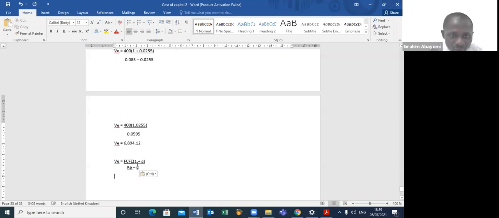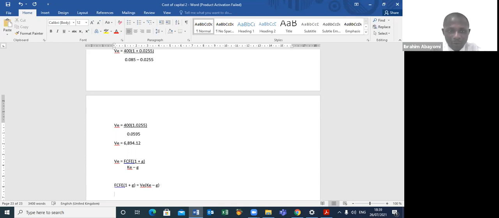I will now make free cash flow to equity the subject of the formula. So how do I do that? I'm going to have free cash flow to equity into bracket 1 plus G, when I cross multiply, is equal to market value of equity into bracket cost of equity minus the growth rate.